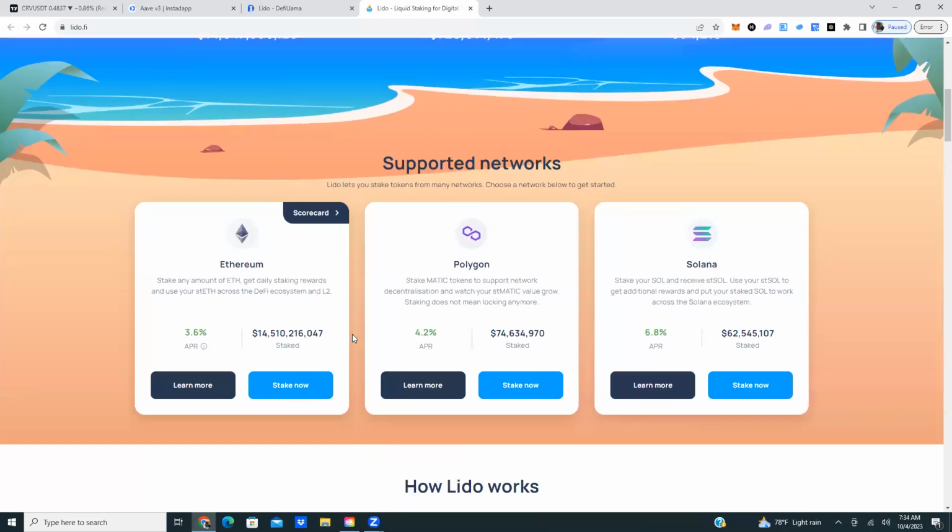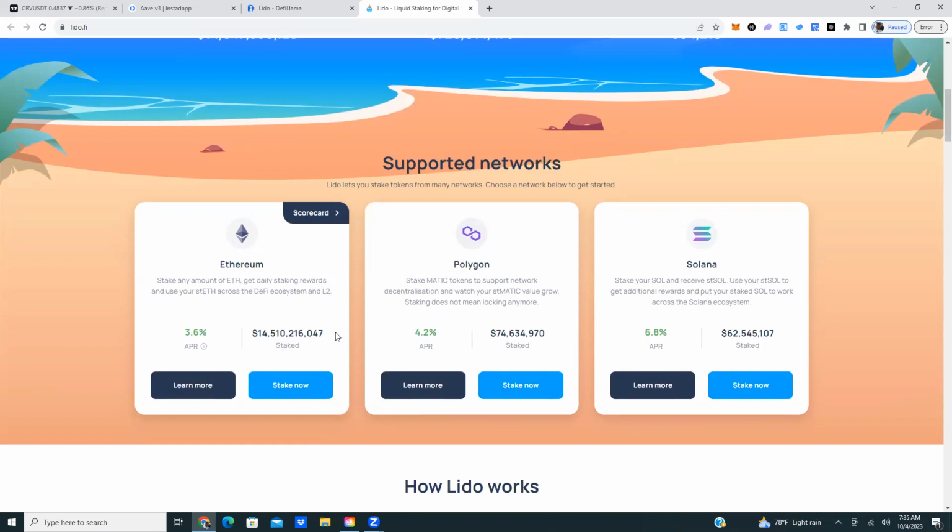You can deposit 3 assets on this platform. You can deposit Ethereum, you can deposit Polygon, and you can deposit Solana. You can deposit Ethereum and receive 3.6%. You can deposit Polygon and receive 4.2%, or you can deposit Solana and receive 6.8%.